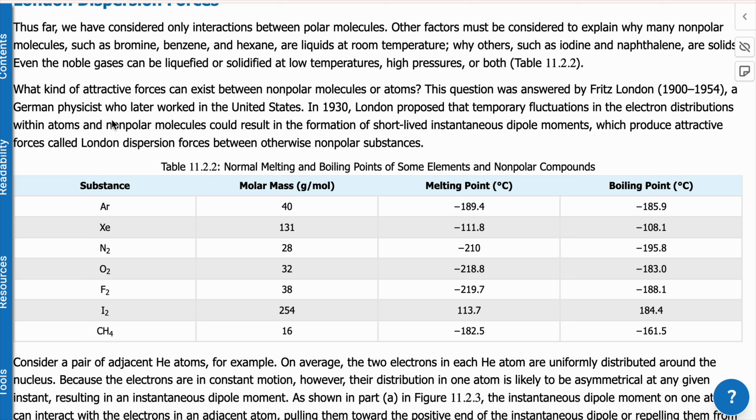This was answered by Fritz London, a German physicist who later worked in the US. London proposed that temporary fluctuations in the electron distributions within atoms and non-polar molecules could result in the formation of short-lived instantaneous dipole moments, which produce attractive forces between otherwise non-polar substances.